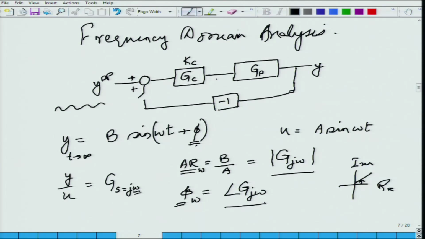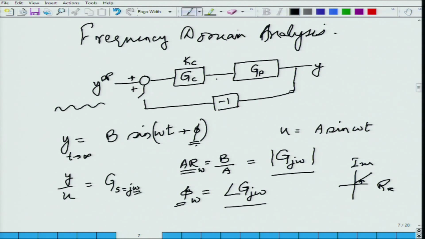If its magnitude and angle change, then that means the factor by which this sine wave is being amplified, and its phase shift, change. So, the amplitude ratio and the phase shift depend on the forcing frequency.